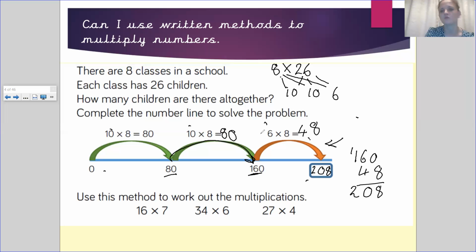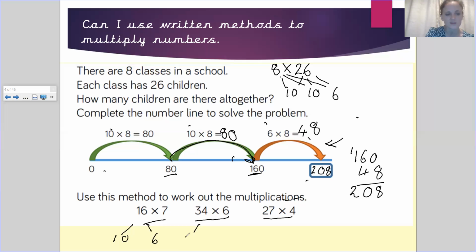Okay. Using this method of the number line and counting on, can you please work out 16 times 7, 34 times 6, and 27 times 4. My suggestion would be to break this number up into 10 and 6, then times that by 7.